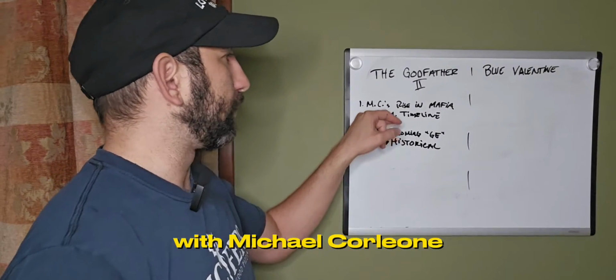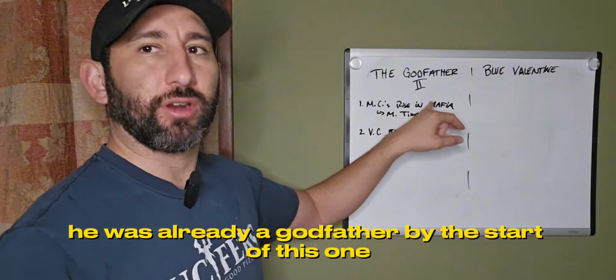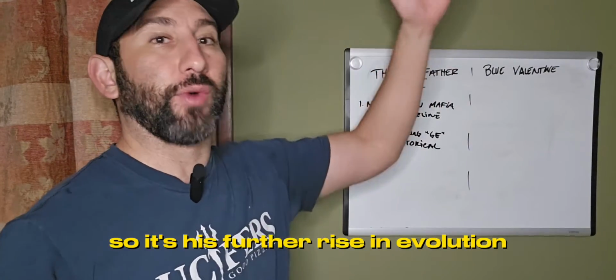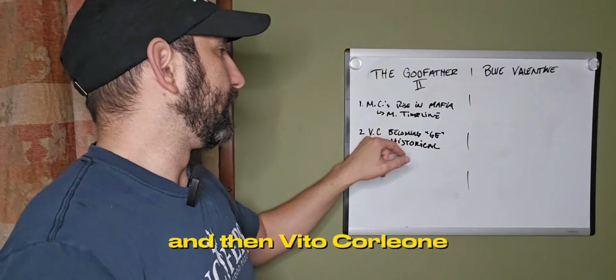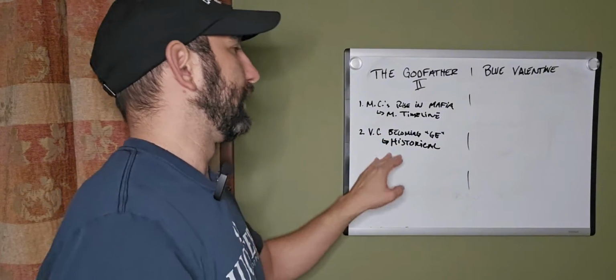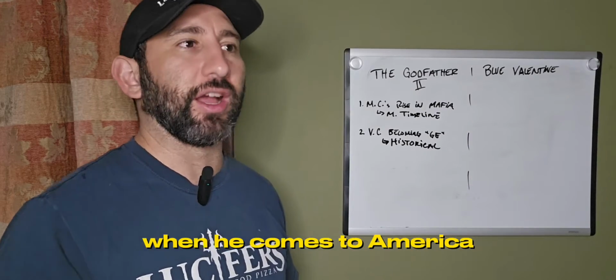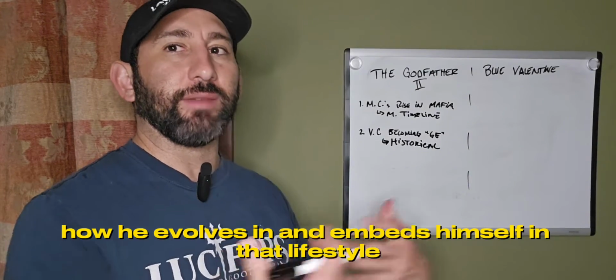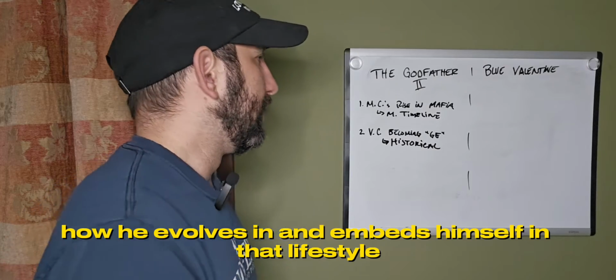So obviously Michael Corleone was already a godfather by the start of this one, so it's his further rise and evolution. And Vito Corleone is not in any way involved in the mafia, and then slowly but surely, when he comes to America, he evolves and embeds himself in that lifestyle.